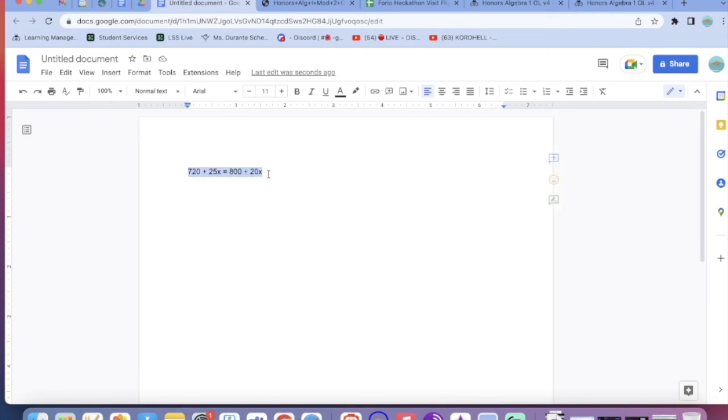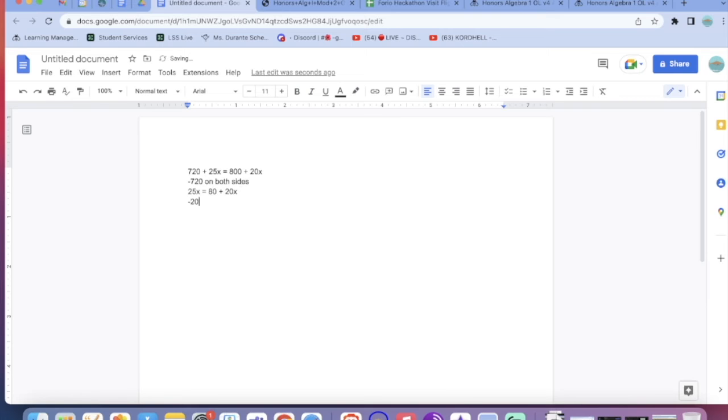So this is the system of equations represented. In order to solve a system of equations, we have to find the answer where both items are true. So let's solve to get the value where both are equal. If we subtract 720 from both sides, we get 25x equals 80 plus 20x.